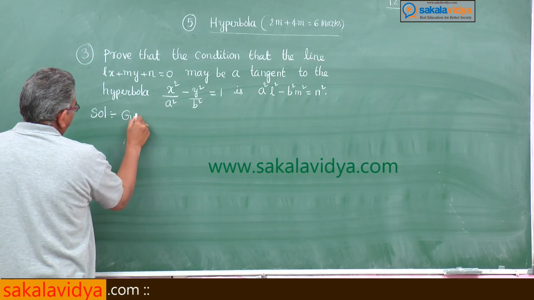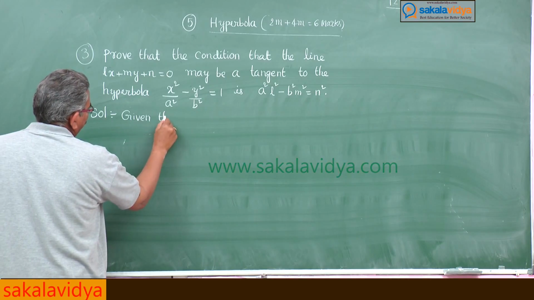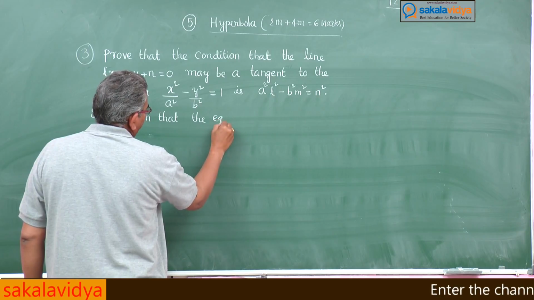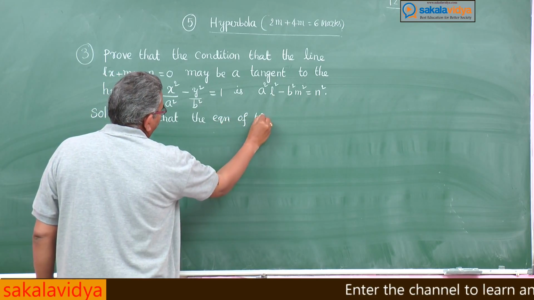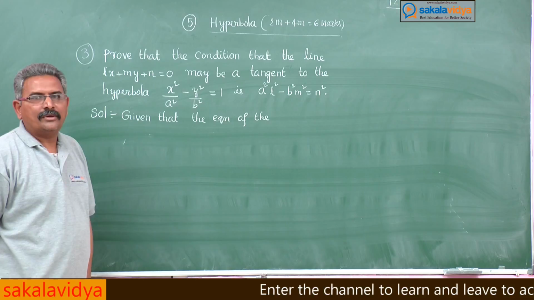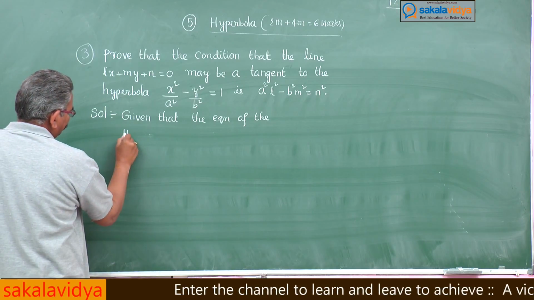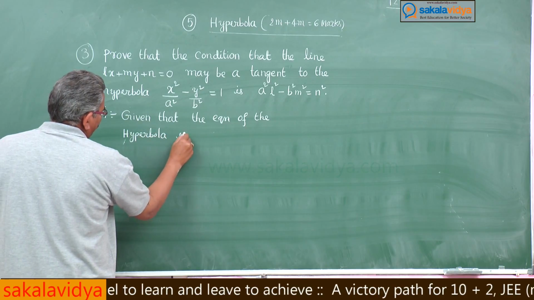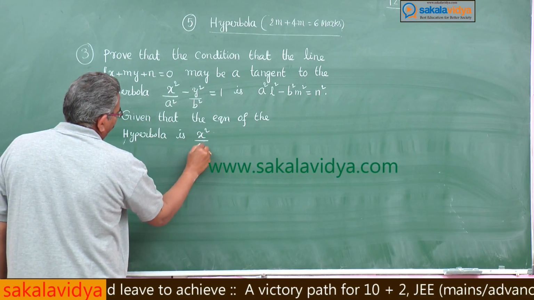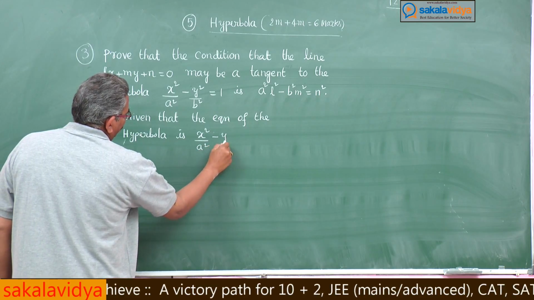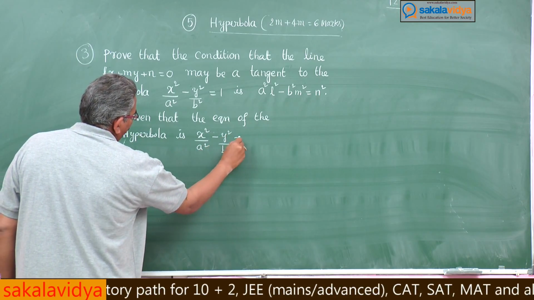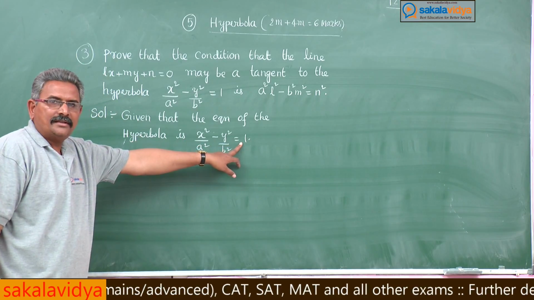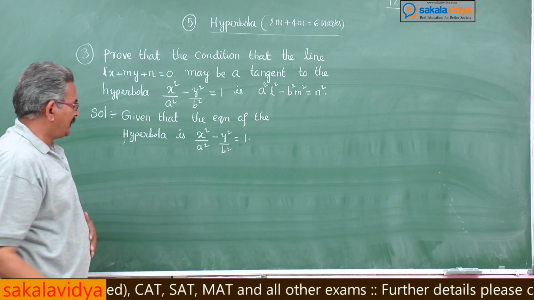Given that the equation of the hyperbola is x square by a square minus y square by b square is equal to 1. This is the standard form. Suppose minus 1 is there, that is the conjugate hyperbola, that is all.